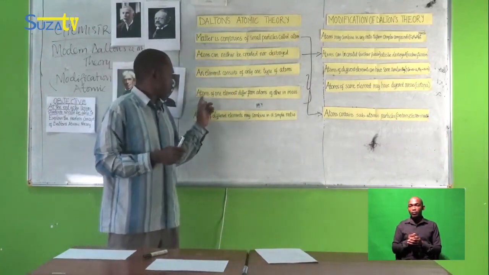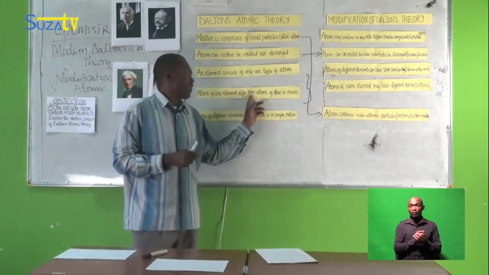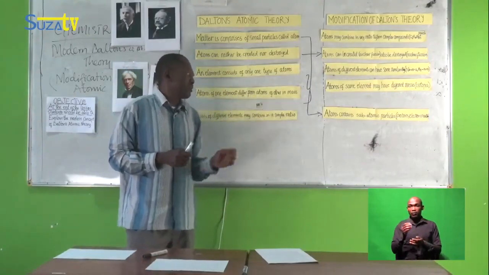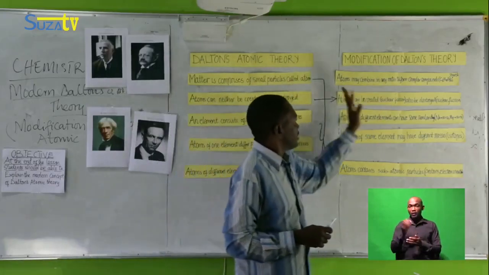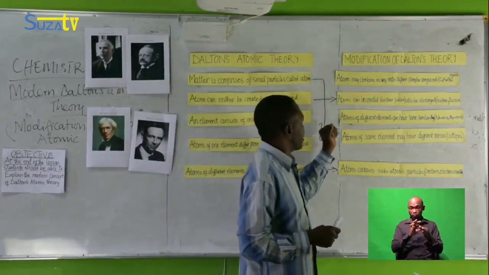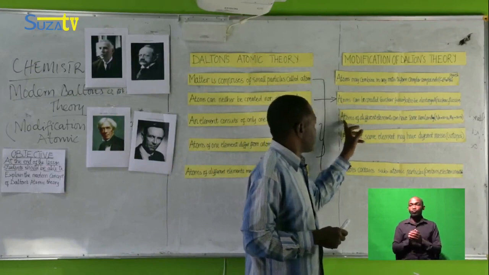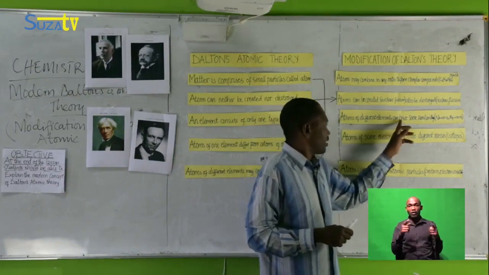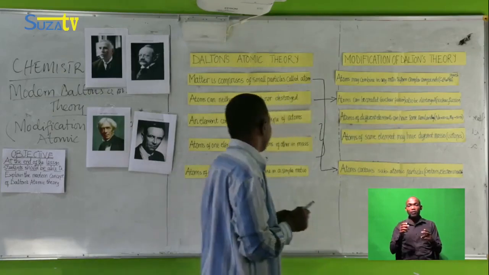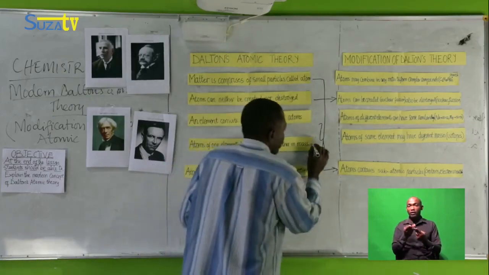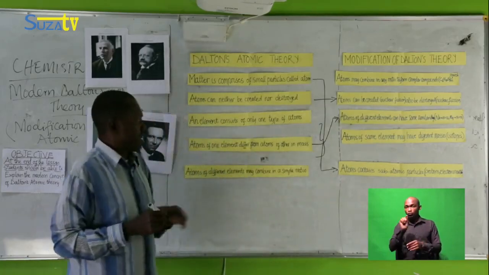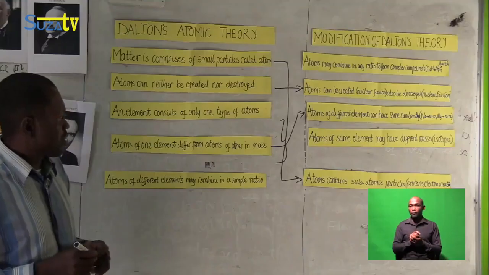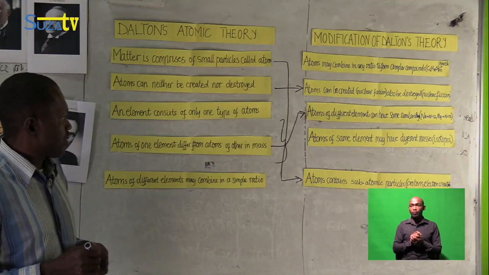In continuation, we have atom of one element differs from atom of another element in mass. So atom may combine, so it is not the target. Also, atom of different element can have same similarity. So this one tries to describe and challenge this Dalton atomic theory.